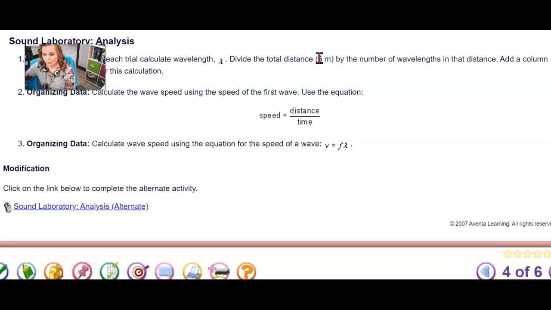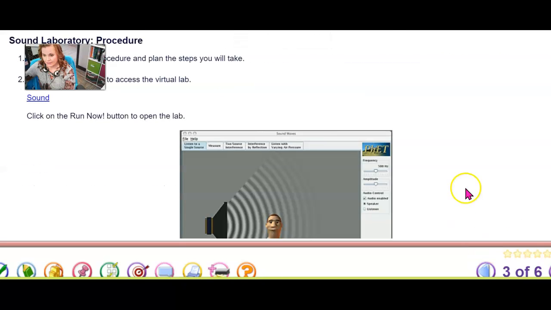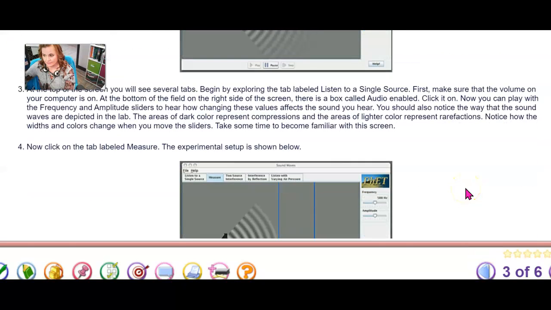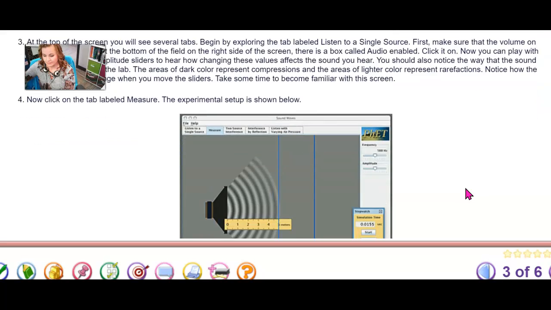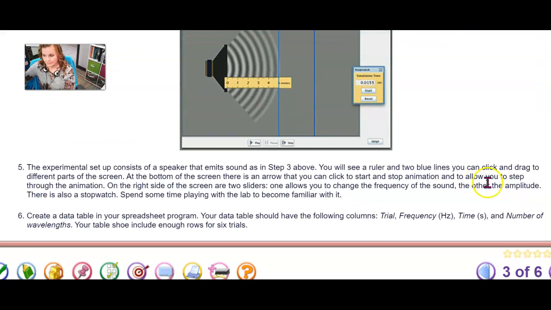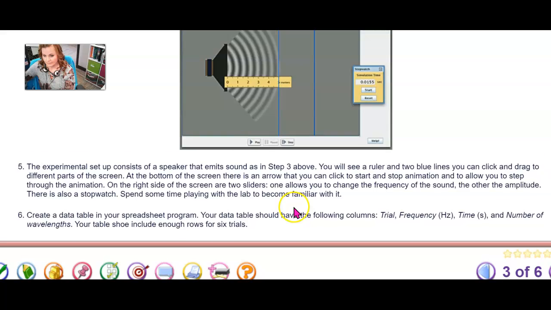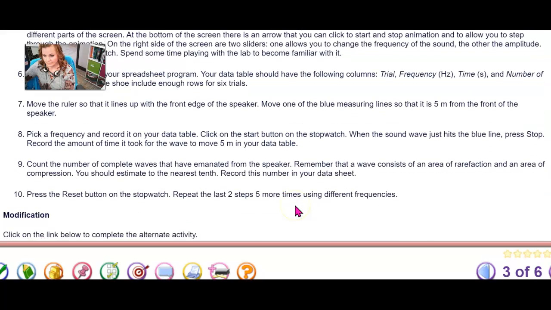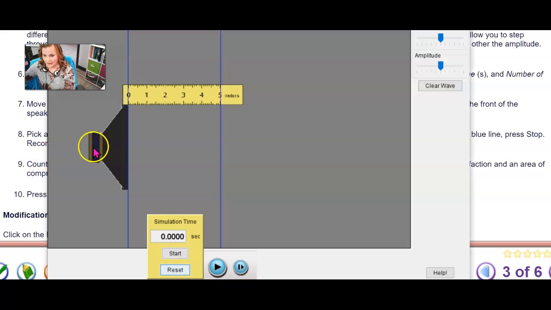So wavelength divided by 5 meters. Let me just play this for you one time and give you an idea of what it looks like.